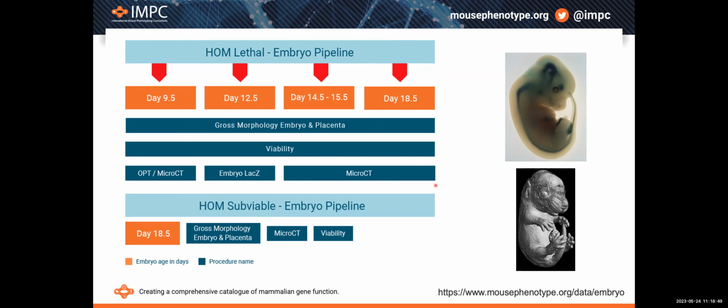We perform some imaging, micro CT primarily, and then lines that are subviable, which is functionally defined as a het by het mating that produces less than half the expected Mendelian ratio, so less than 12.5% homozygotes at weaning, we also look at through a pipeline where we're primarily using micro CT as an imaging modality.